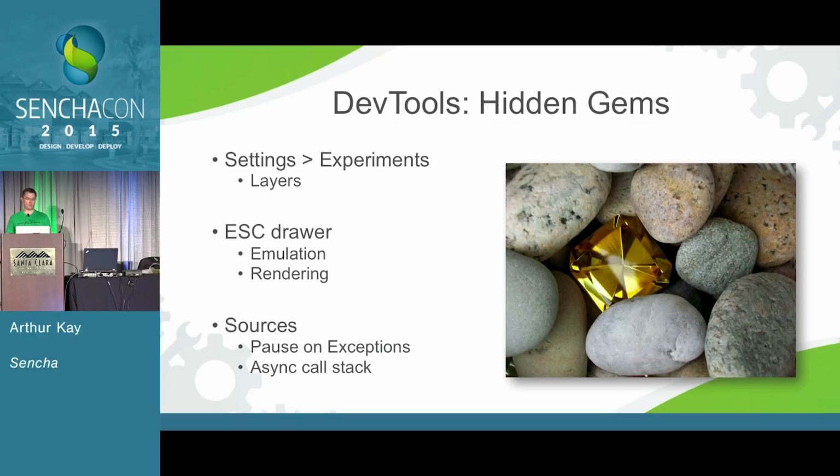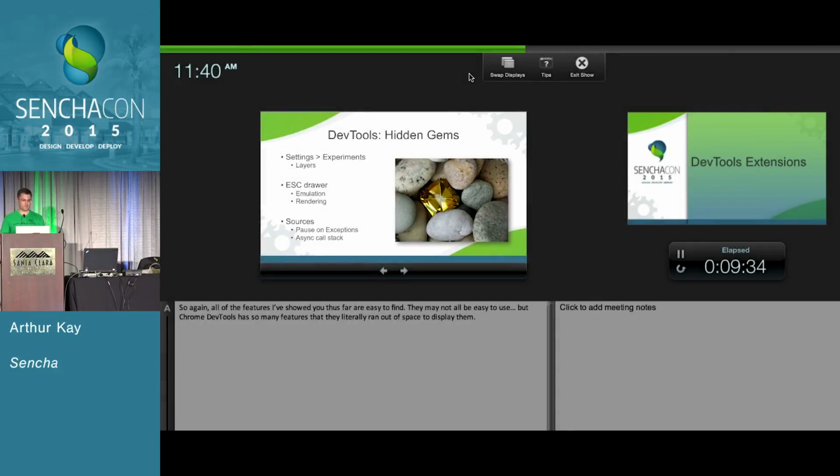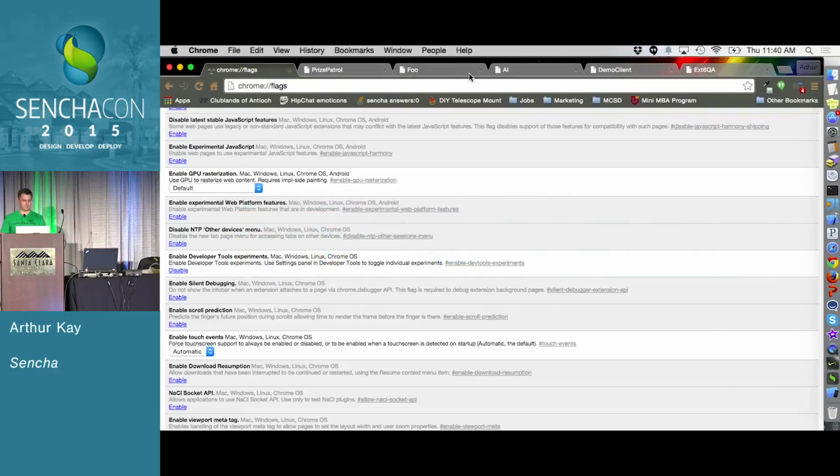So the first item I want to take a look at is the Layers tab, which is hidden under this area called Experiments. And the first thing you have to do to find your developer tools experiments is to go into Chrome://flags. And one flag you need to turn on is Enable Developer Tools Experiments.